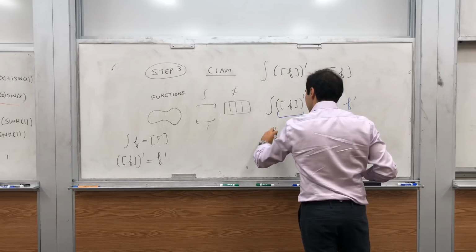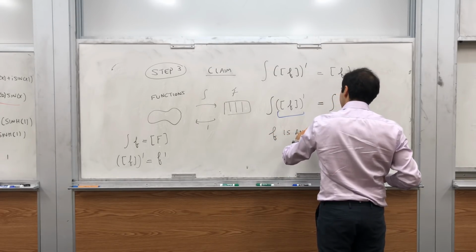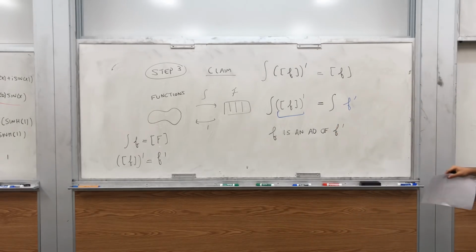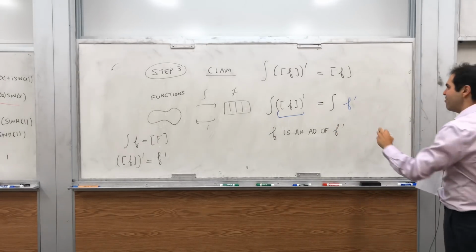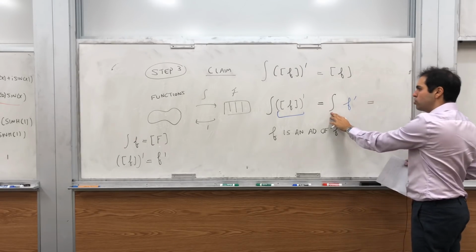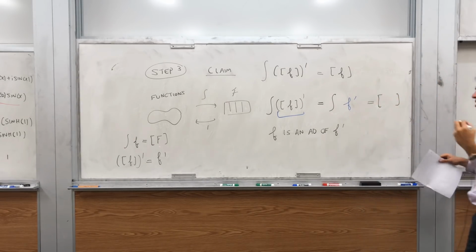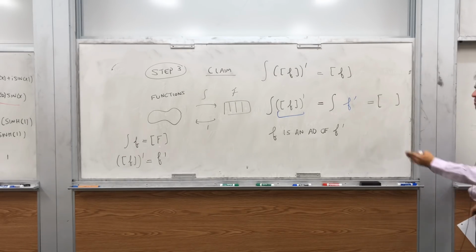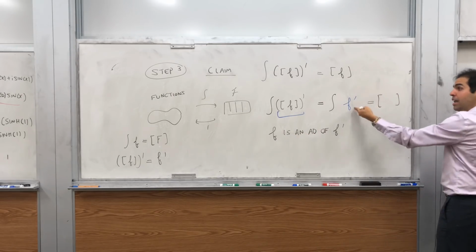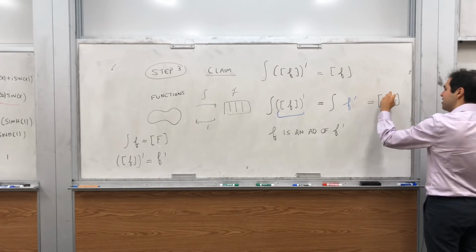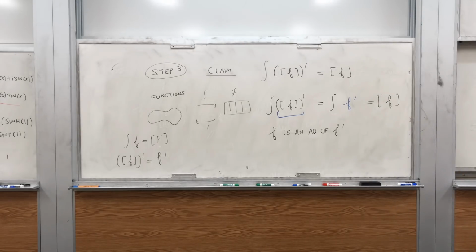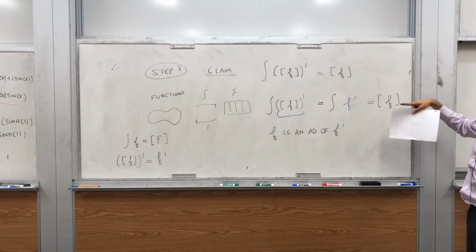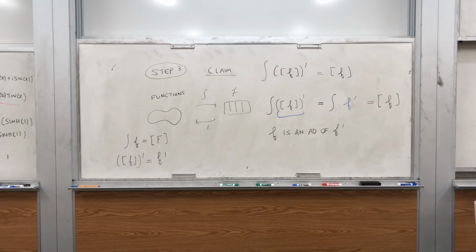Notice f is an antiderivative of f prime, because if you differentiate little f, you get f prime. So by definition of the superintegral, you just take the country of one antiderivative of your function. In particular, little f is one antiderivative of f prime, so it's really the class of f. And indeed, therefore we have that the superintegral of the superderivative is the country of f.